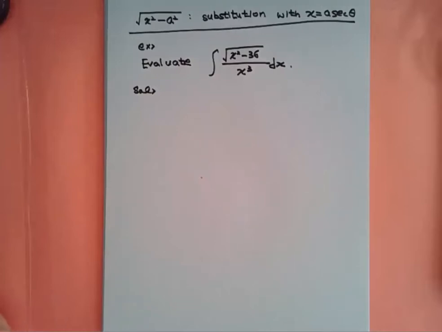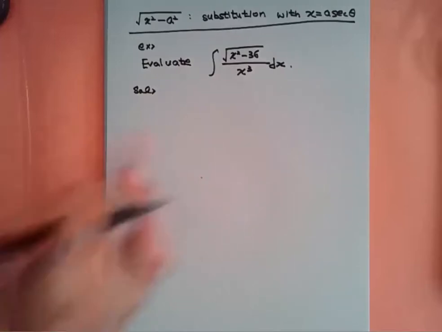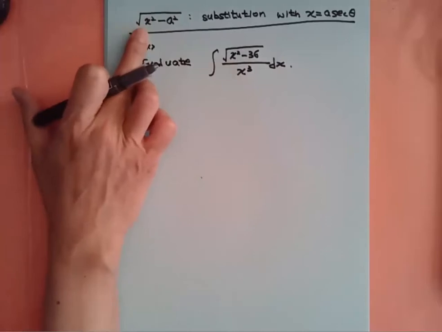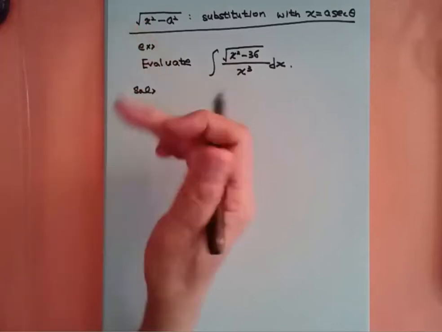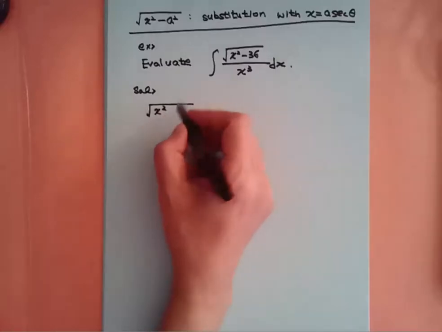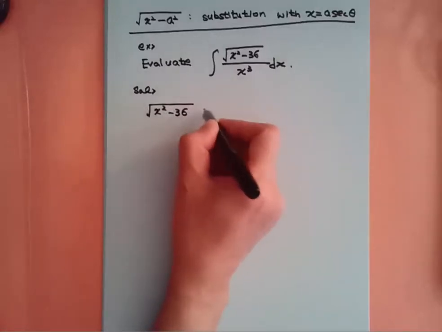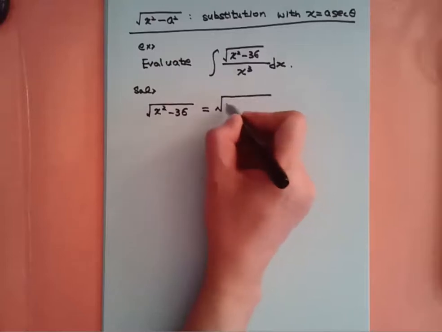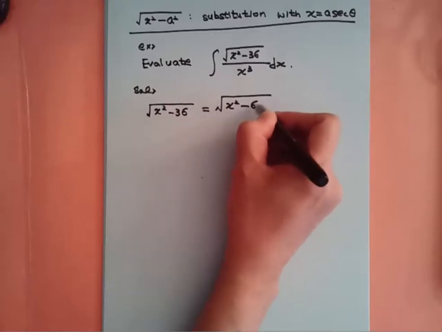So this is the same as this pattern. And so a will be 6, right? Let me rewrite: square root of x squared minus 36 equals square root of x squared minus 6 squared.